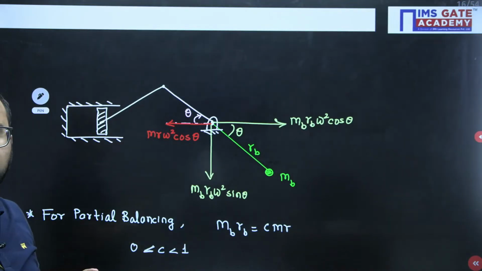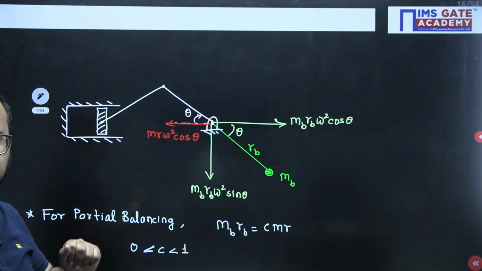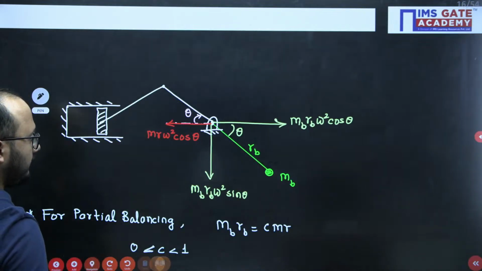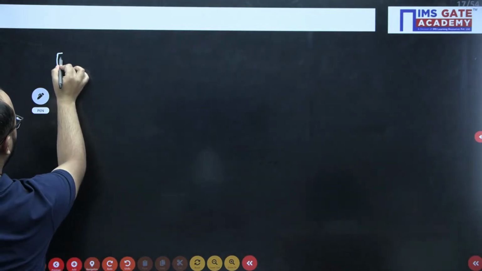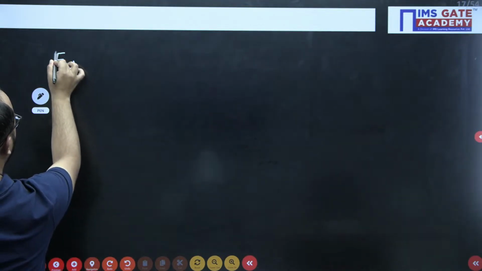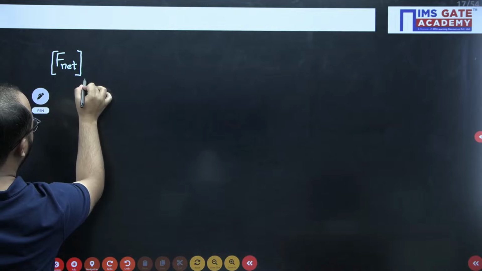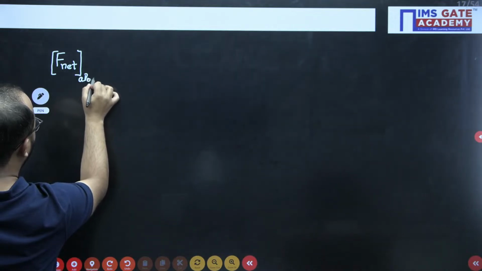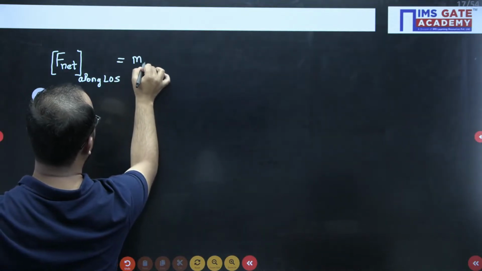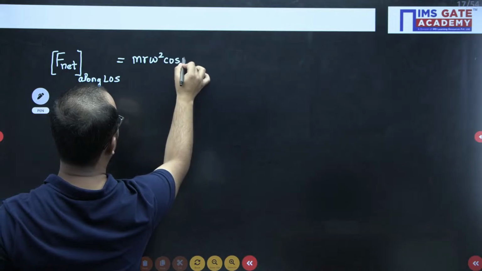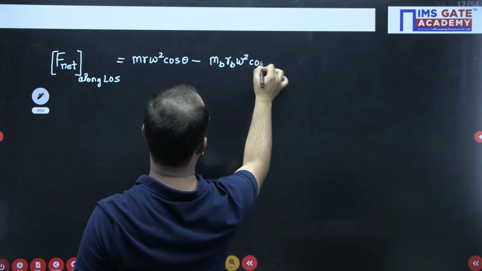Now, next thing, very important part. What is the net force along the line of stroke? So we will write it here. Along the line of stroke, it will be mr omega square cos theta minus mbrb omega square cos theta.